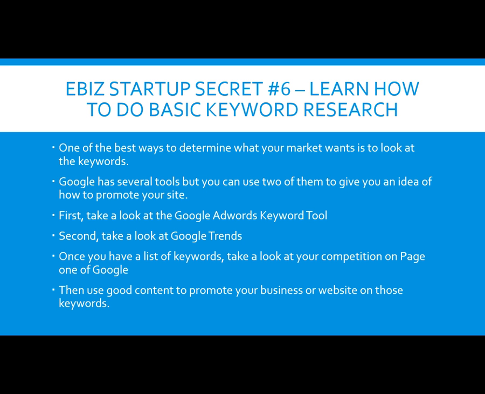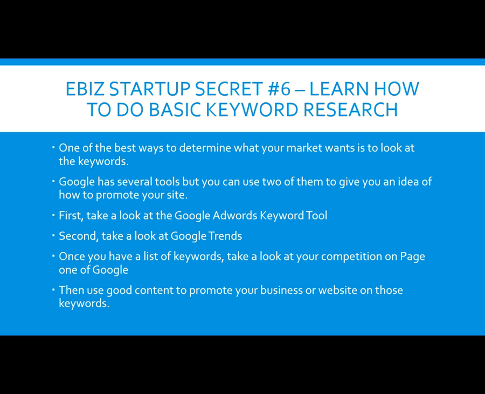Then, once you have seen which keywords would not be too difficult in terms of competition for you to put your site or your content on there, you want to use good content to promote your business or website on those keywords.